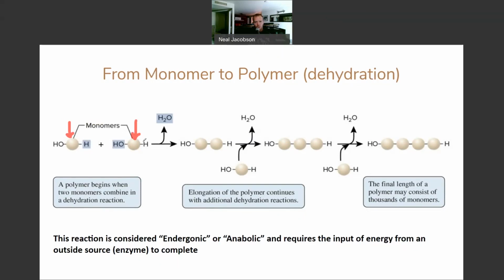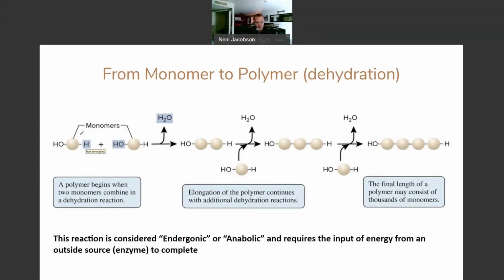And if we want to bond the two glucose molecules together, we're going to take the hydrogen from one, the hydroxyl from the other, and we're going to pull them off and make a water molecule. H2O. So that becomes water.